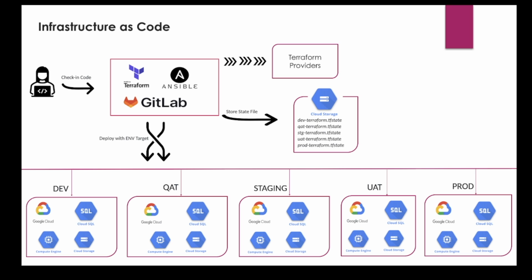You can see all the 5 environments have the same sort of resources because you are using the same code to deploy across all the environments. Whatever CI/CD pattern you follow for the product, that must be followed for your infrastructure code as well. There shouldn't be any difference, because that's the best way to practice infrastructure as code.